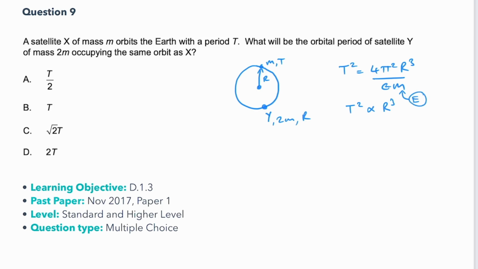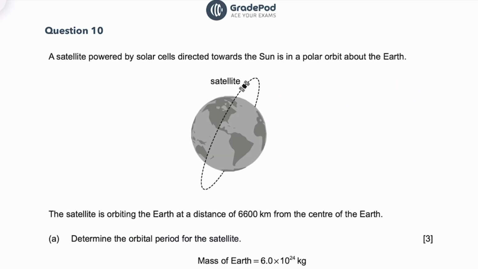You can see it's not dependent on the mass of the object itself. It's not dependent on the mass of the satellite. So it doesn't matter if this is 2m or m. As long as the radius of the orbit is the same, then the period will be the same. So question 9b.